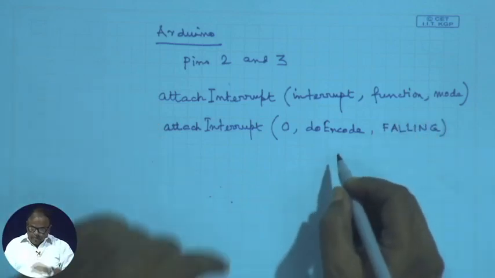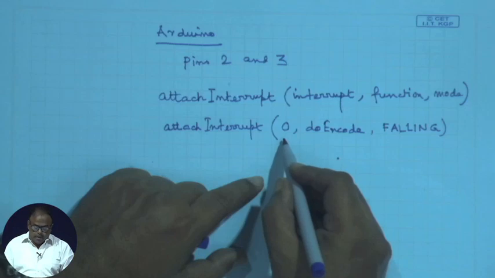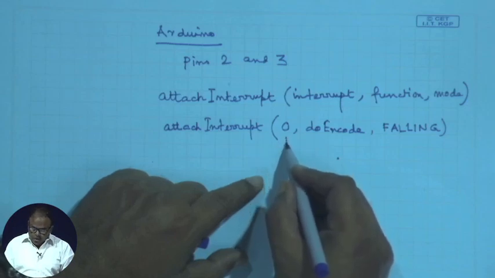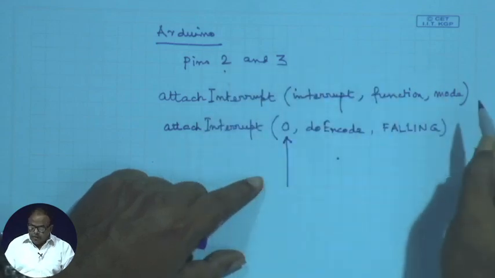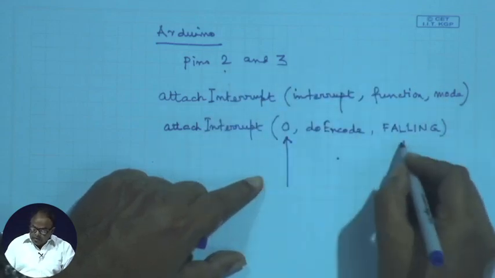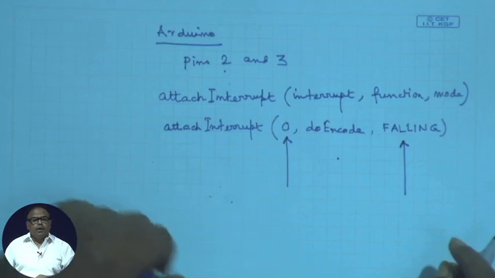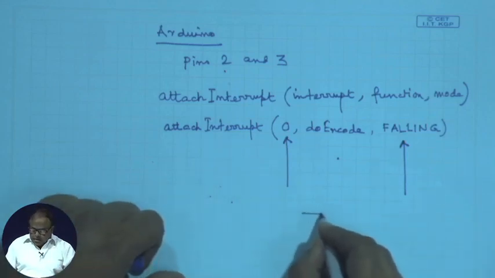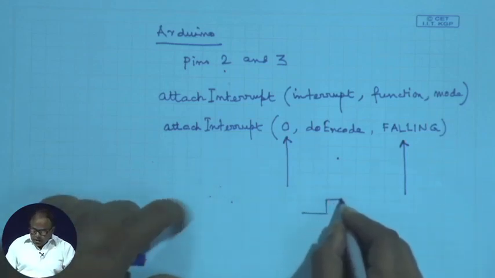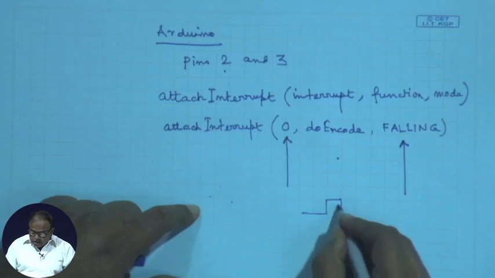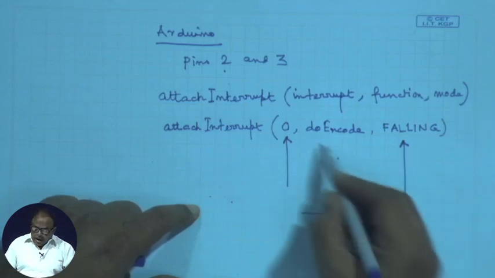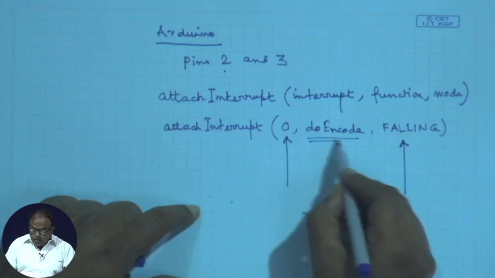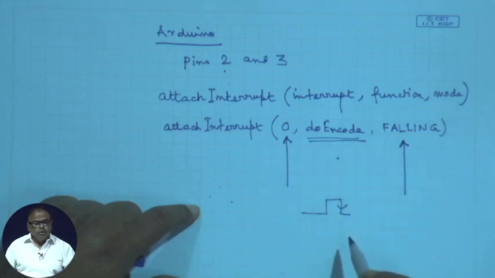That means I am attaching a particular interrupt to the interrupt pin 0, that is pin 2 and pin 3, and the interrupt is activated at the falling edge. That means it is an edge triggered interrupt. Whenever this becomes like this, then it is an interrupt. Okay. And this is the function that I have to execute.